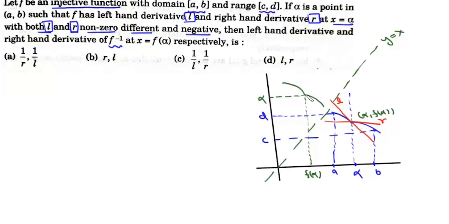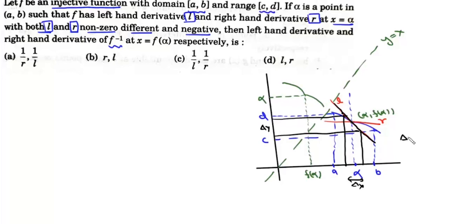So this point is alpha and f alpha. Now if we look at this left hand side tangent at alpha, suppose this is delta x, and here it is delta y.